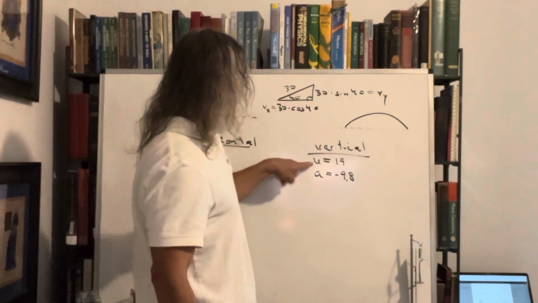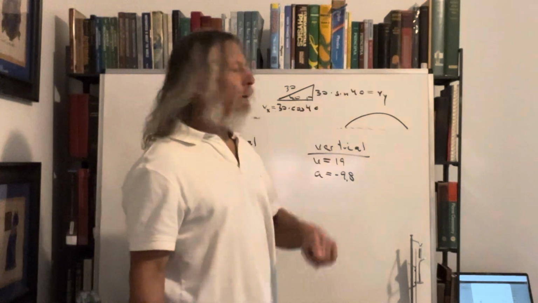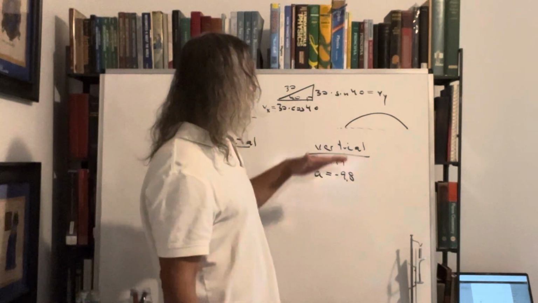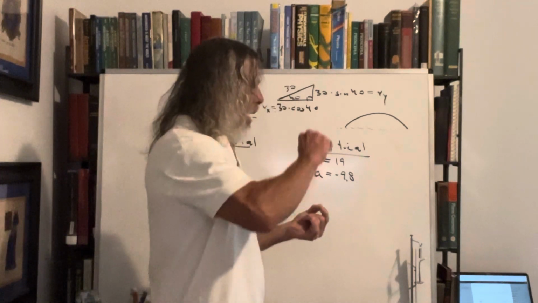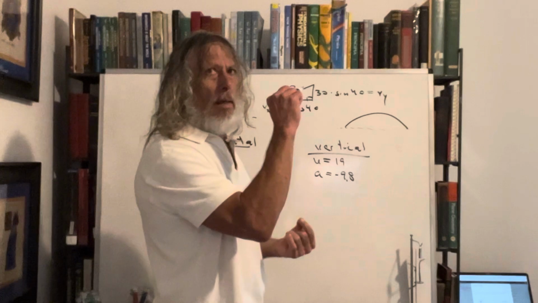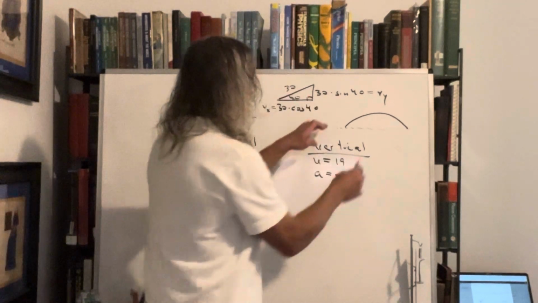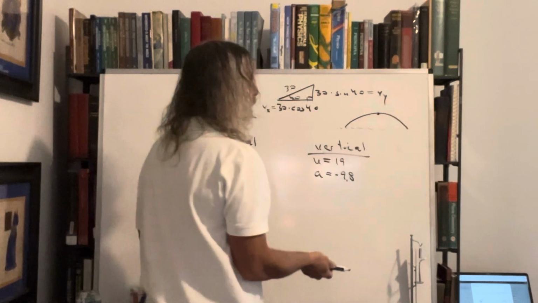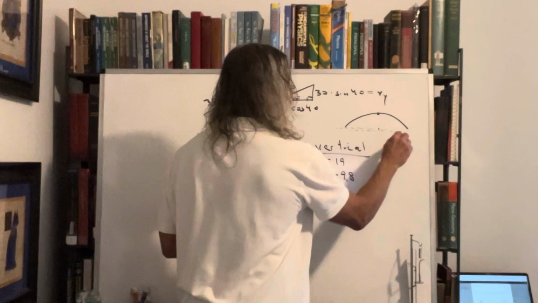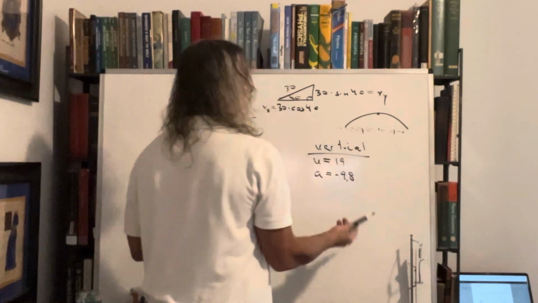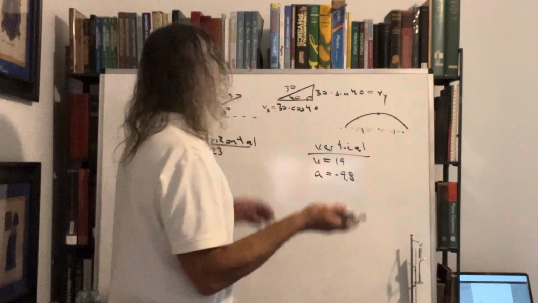If it starts at 19, when it gets up here, the up and down is 0. It would have stopped going up and started coming down. To go from up to down, you got to be at 0 at one point. So the vertical would have to have been at 0. So we could get the time to here and then double it, because this distance and this distance are equal. So get this time, multiply by 2. That's one way we can do this.